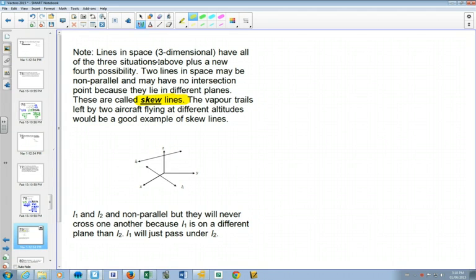And there's an example. 2 aircraft flying at different altitudes. They're not necessarily flying parallel to each other, but the cloud lines that they leave is a good example where they wouldn't intersect. At least that's the plan. You try not to make planes intersect while flying.